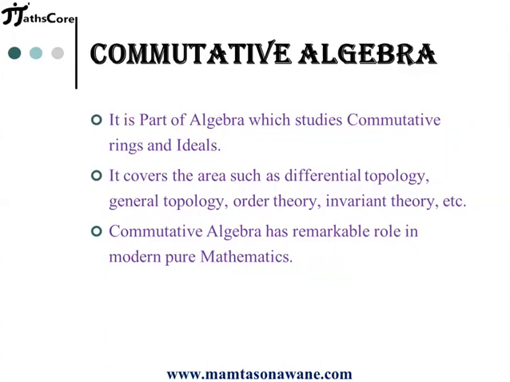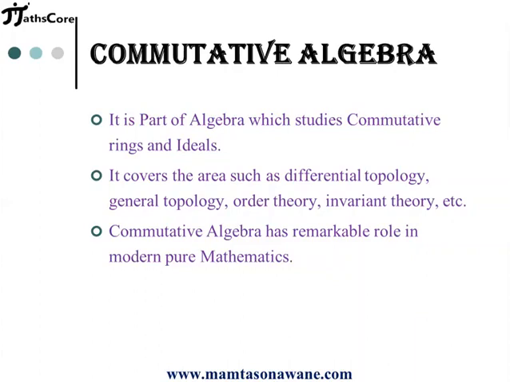It covers areas such as differential topology, general topology, order theory, invariant theory, and all these things. These are part of the syllabus of graduation and post-graduation mathematics. Commutative algebra has a remarkable role in modern pure mathematics. Like linear algebra, it is also a very useful type of algebra in modern pure mathematics.